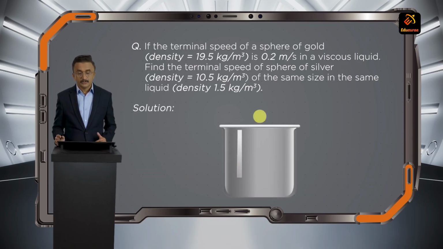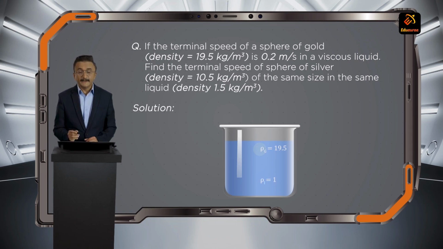So a gold sphere is given here. I'm going to drop this sphere in the viscous liquid. Density of gold is given, I can say rho of gold is 19.5. It is dropped into the liquid, which has some density.